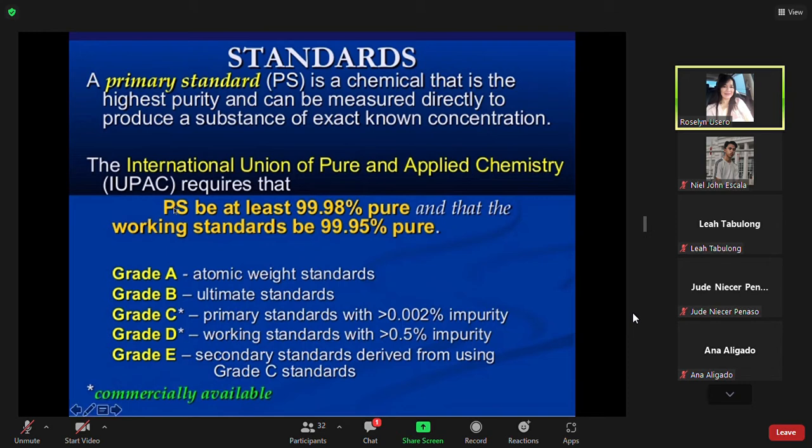A primary standard is also used with spectrophotometers, aside from titration. You need a primary standard to make your working standards for the calibration graph.